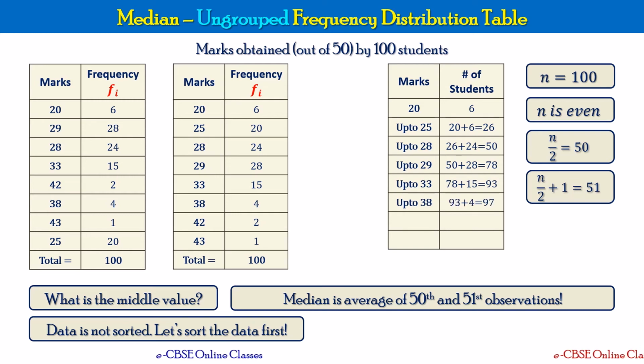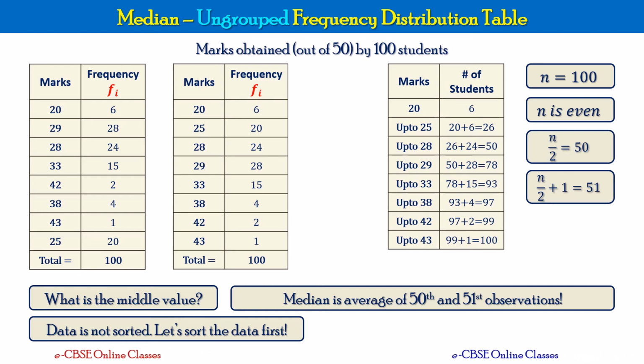So 93 plus 4 is equal to 97. Similarly, up to 42, it will be 97 plus 2, that is equal to 99. And the last row is up to 43, that is 99 plus 1 is equal to 100. A quick check here is, if you do the calculation right, the value on the last row should be equal to the total number of observations that you considered in the beginning.